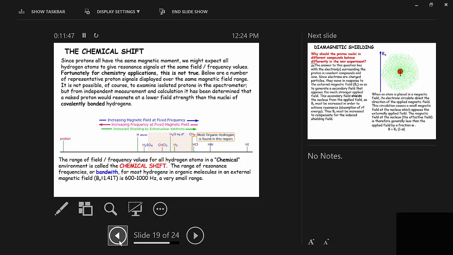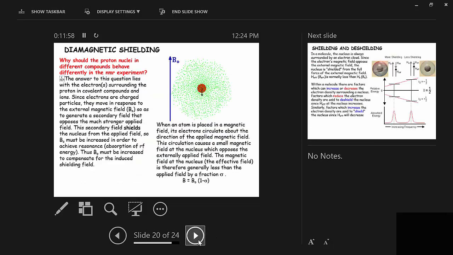But one of the things is you can de-shield this. How do you de-shield it? Well, is there a way to polarize the electron cloud? Normally you have a symmetric electron cloud, but you can have an asymmetric electron cloud by polarizing it. And you polarize it by what? Bonding what to it? We can polarize the electron cloud by bonding the hydrogen to something.